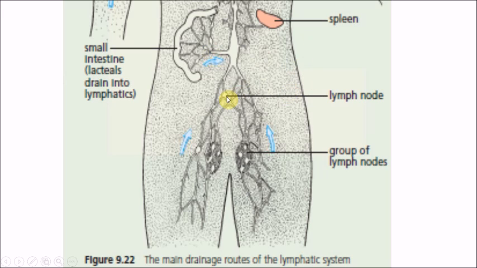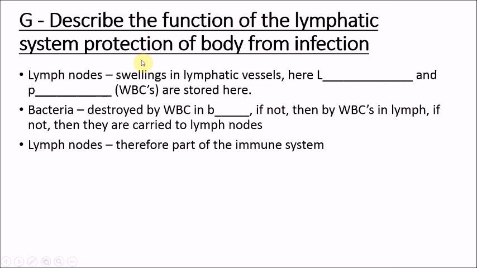You have lymph nodes, which are basically swellings in the lymphatics, where you will store lymphocytes and phagocytes, which are involved in the immune system. That there is a group of lymph nodes. Now, like I said, lymph nodes are swellings in the lymphatic vessels, and lymphocytes and phagocytes are basically white blood cells which are used in the immune system.